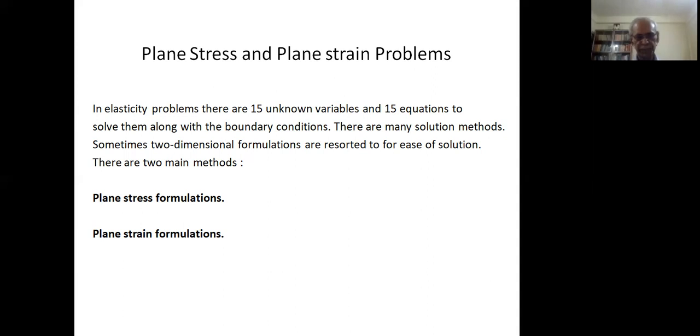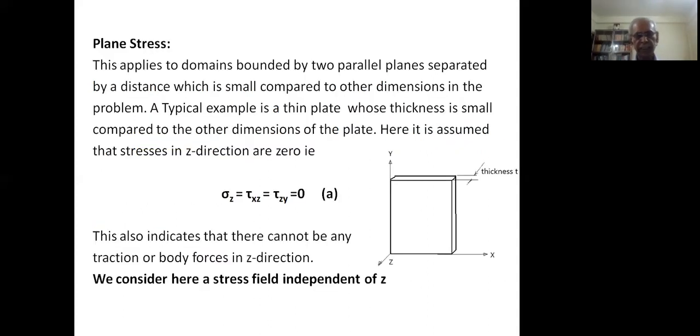As I said earlier, these formulations cannot be used anywhere. There are certain conditions which we have to comply with before we use these formulations. In fact, these are basically assumptions. Under certain conditions, these assumptions are valid; in certain other conditions, they are not. So let's look at the plane stress problem.